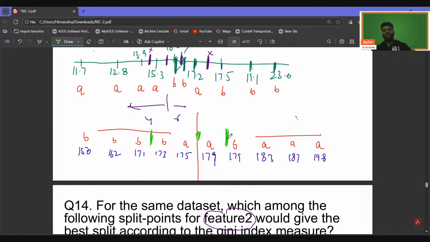Again, very interesting. Would it give you the best possible split? Over here we have one misclassification, over here again a misclassification. Here two misclassifications, here one. If I talk about this, one misclassification, one misclassification. If I talk about this, no misclassification and two misclassifications.